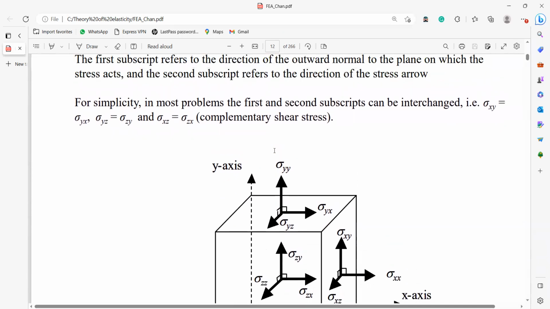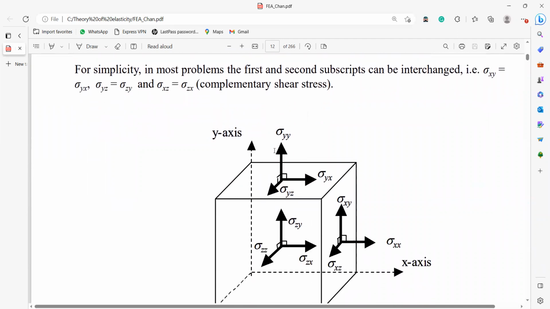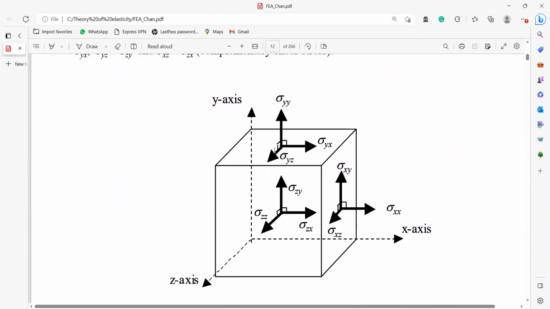So sigma yx: when the direction is towards x, it is called sigma yx. When the direction is towards z, it is called sigma yz.